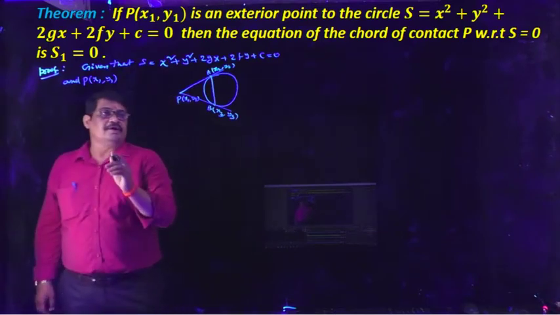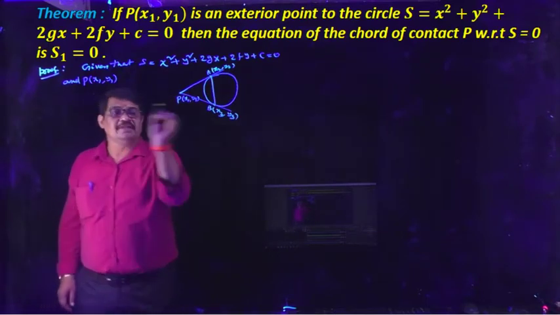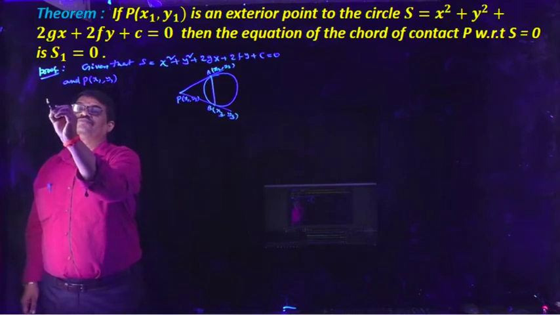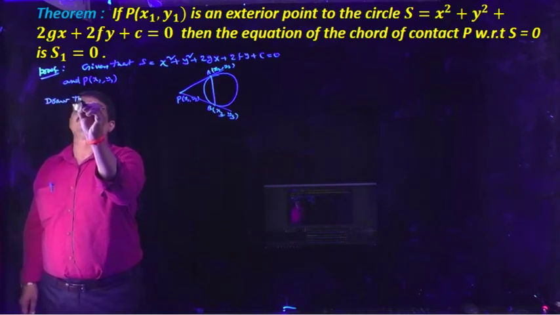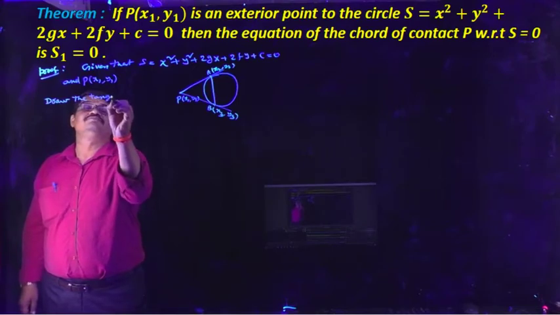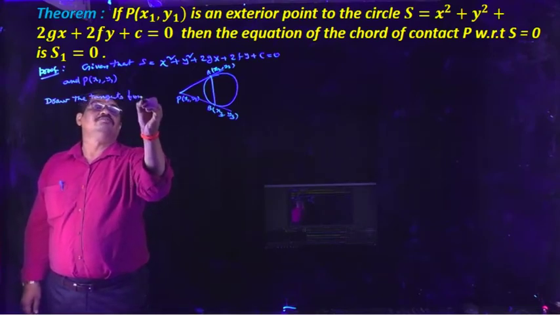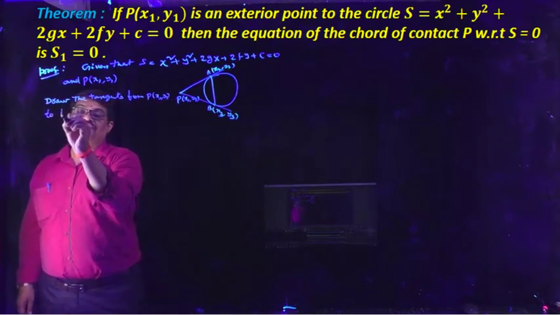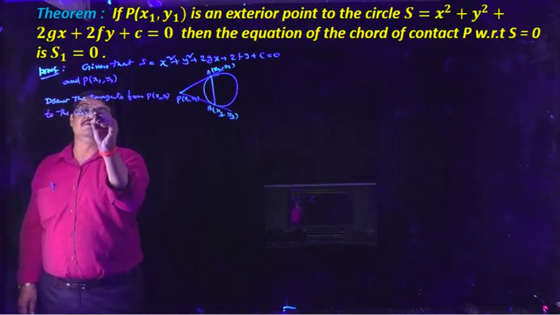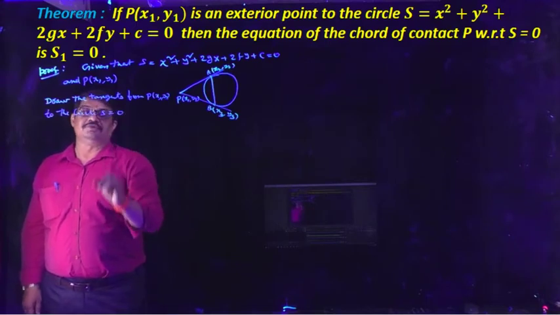Okay, now first draw the tangents from P of x1, y1 to the circle S is equal to 0.